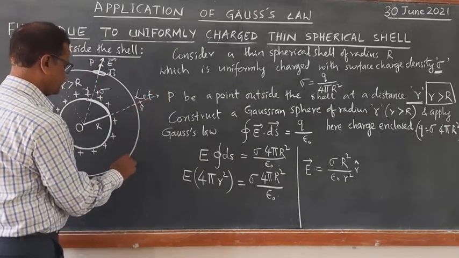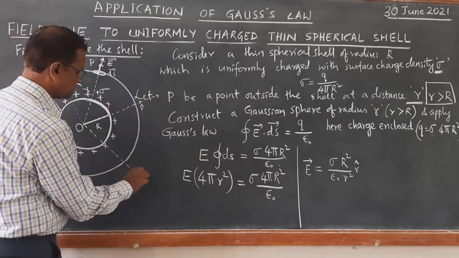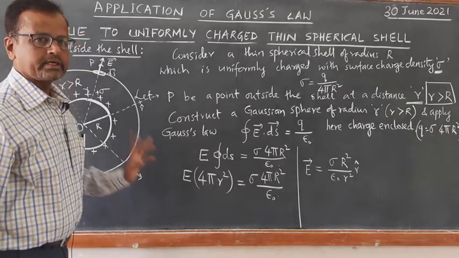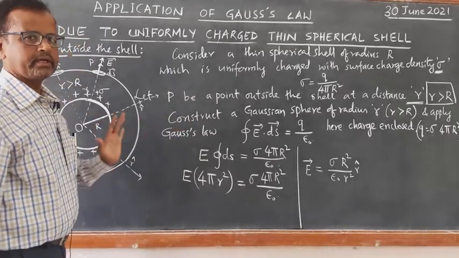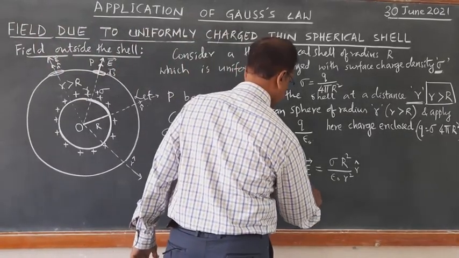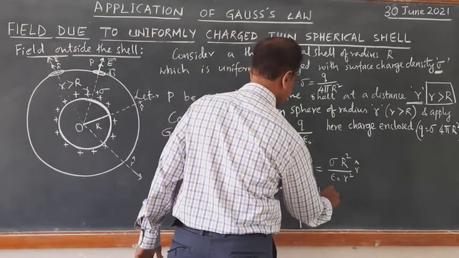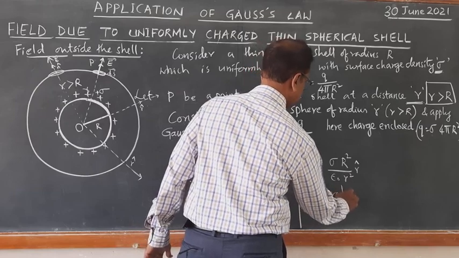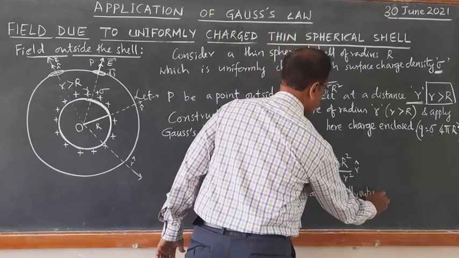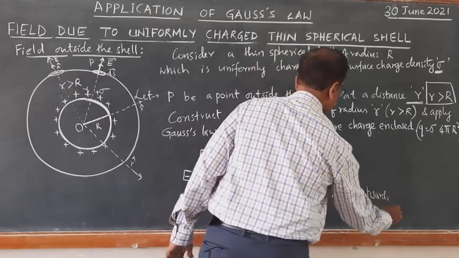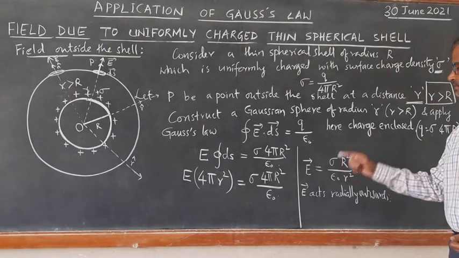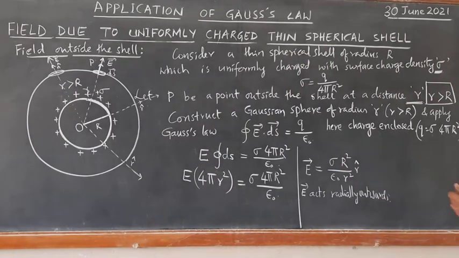At every point, the electric field acts along the radius vector, radially outwards.